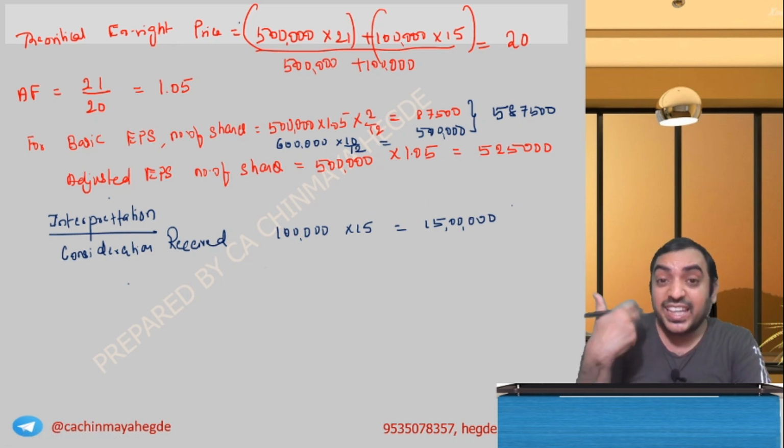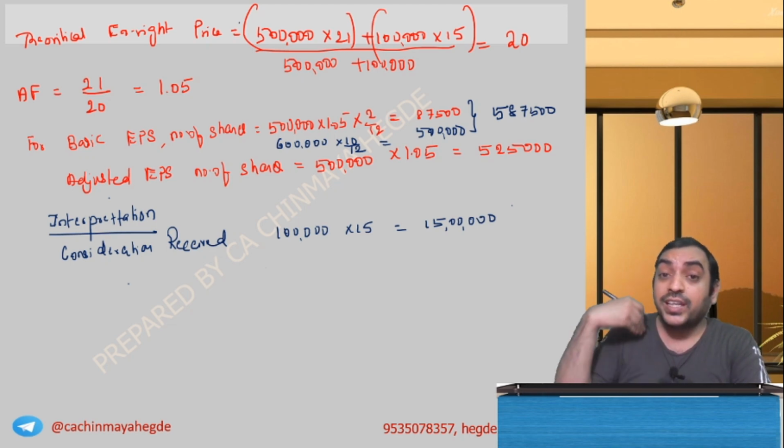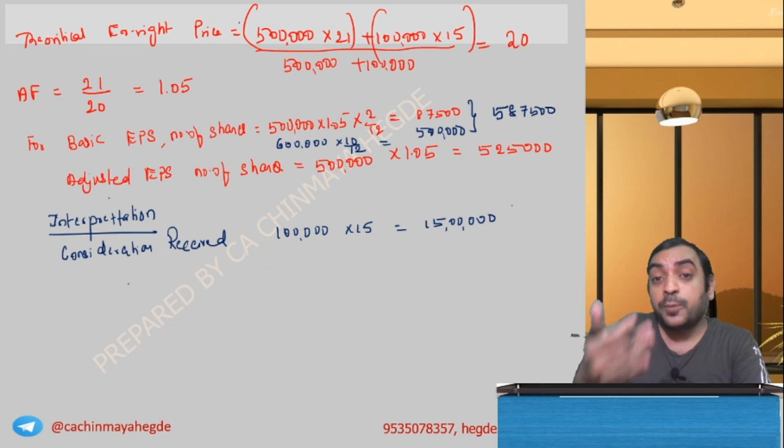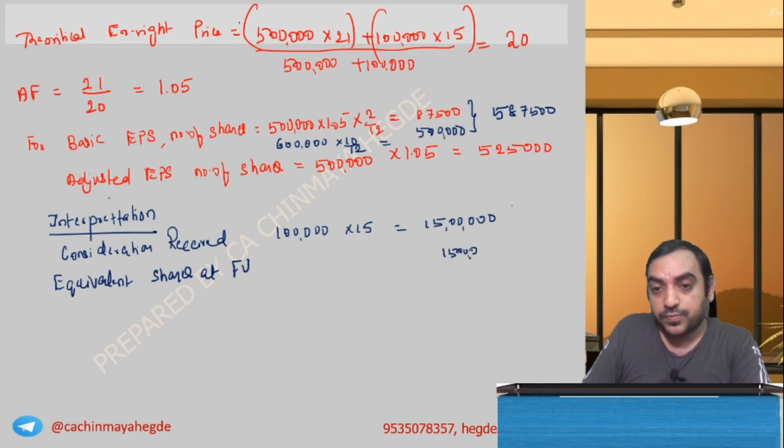Now, what is this equivalent amount at fair value? If you were to receive 15 lakh by issuing at fair value, how many equivalent shares would you have received? At fair value, same 15 lakh.